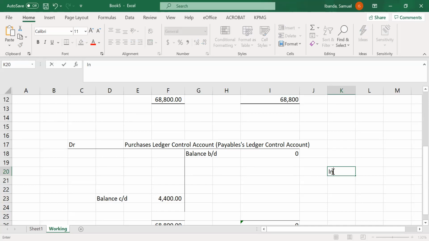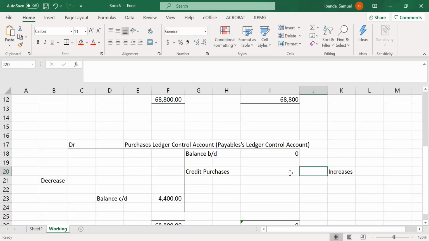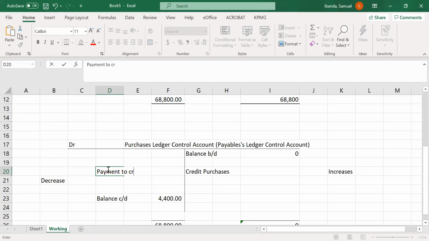Then after that, I'm going to ask myself, what increases trade payables will be on this side, and what reduces trade payables will be on this side. So what increases trade payables? Don't you think it's more credit purchases? Whenever you purchase on credit, your trade payables value will go up. What reduces your trade payables is payments to credit suppliers.